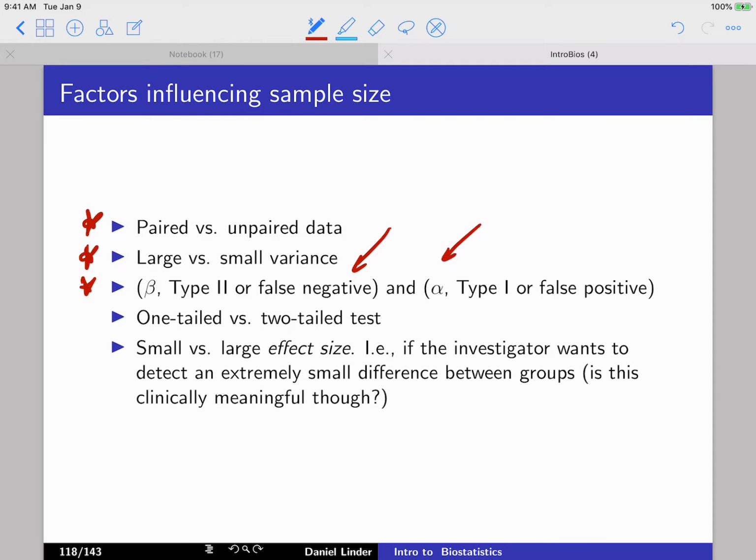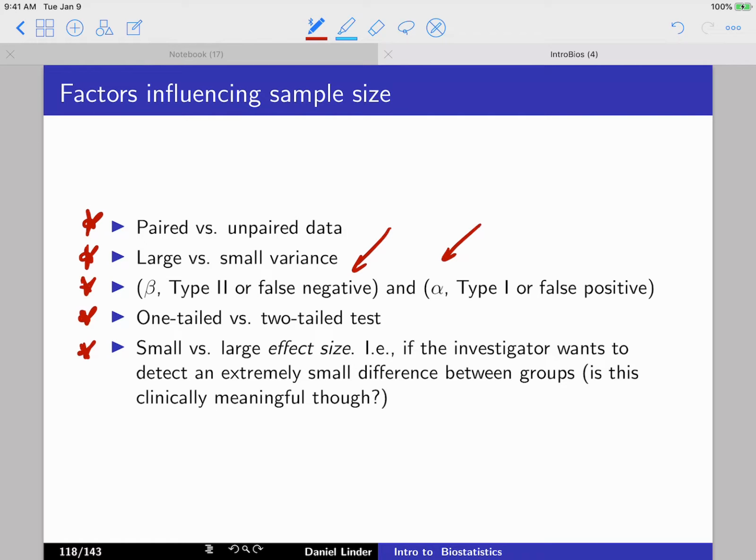Another factor influencing sample size is whether you're doing a one-tailed or a two-tailed test. And then finally, another key factor is whether your effect size is small or large.